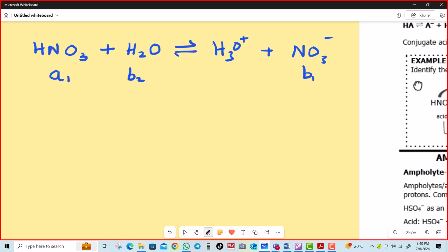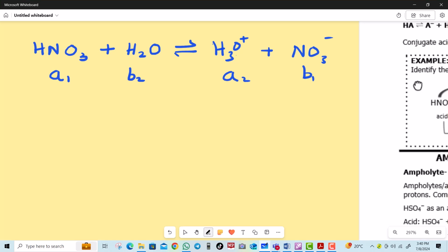Because we have acid A1 already, after getting the proton it becomes the conjugate acid A2.